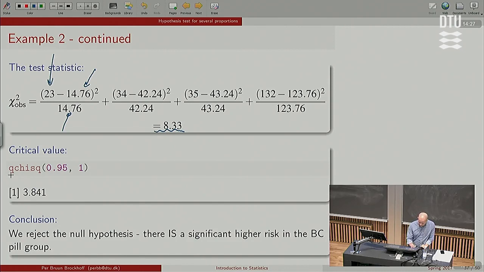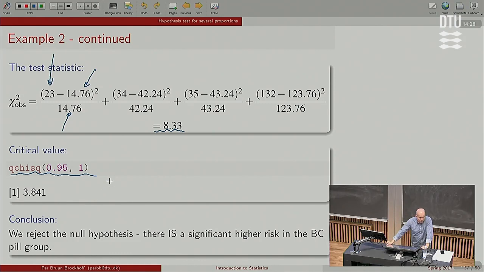The critical value: it's a 2 by 2 table, or there are 2 proportions to be compared. So following what I told you, the degrees of freedom would be 1, right? C minus 1, C is 2 here. This is number 2 on our list, not because it's important, it's the number 1 squared.